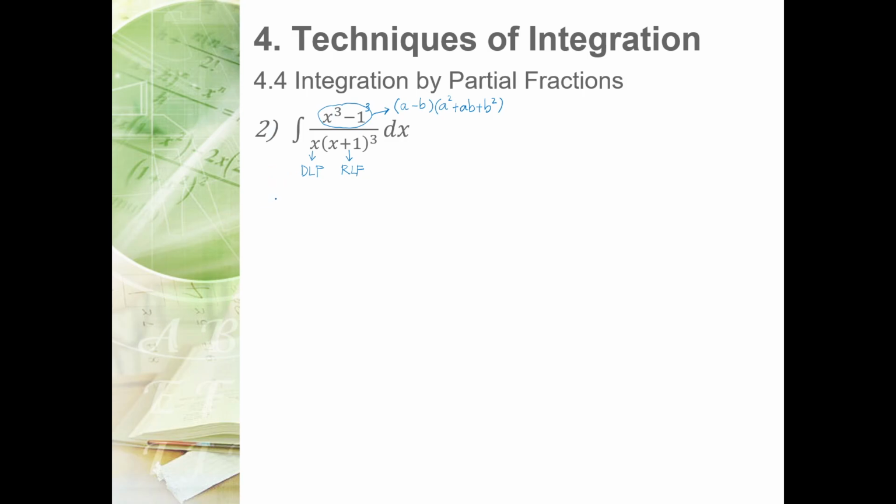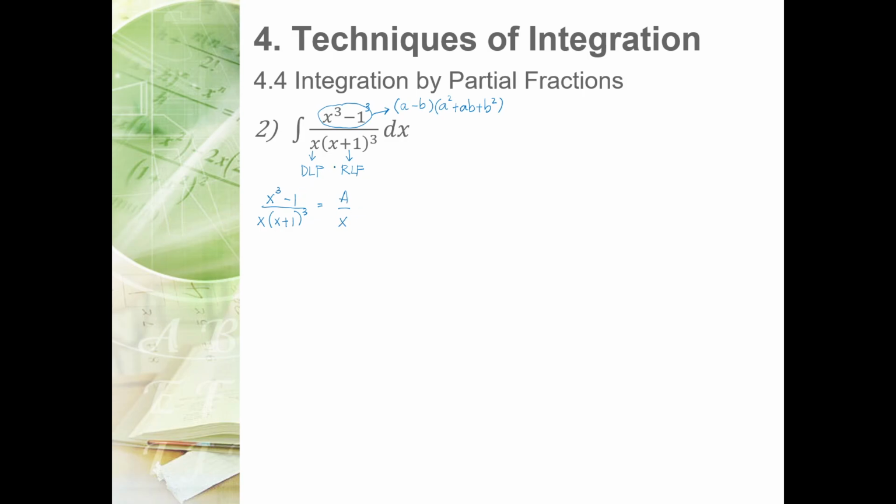So again, try to ignore first the integral symbol by just writing the fraction because we're going to solve it using partial fractions first. So we're going to have x cubed minus 1 all over x times x plus 1 cube. Okay, so next you're going to have A over x.